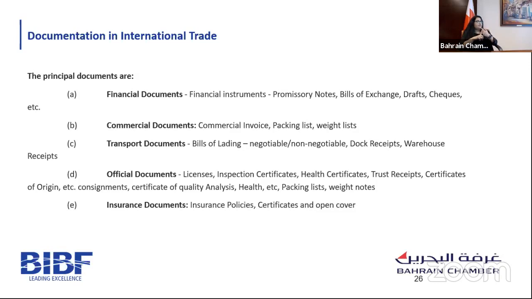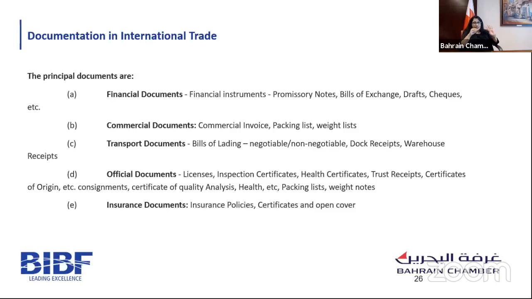Truck receipts, railway receipts, and courier receipts can be there. All of them are considered transport documents, but they have certain features which you need to understand. When a transport document is issued, make sure that the boxes are filled correctly.